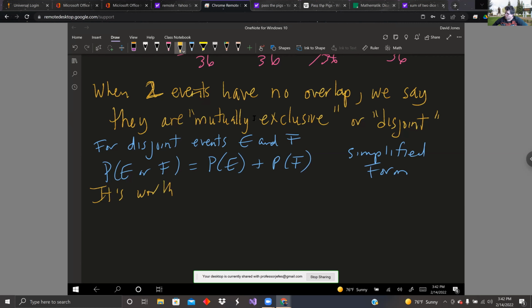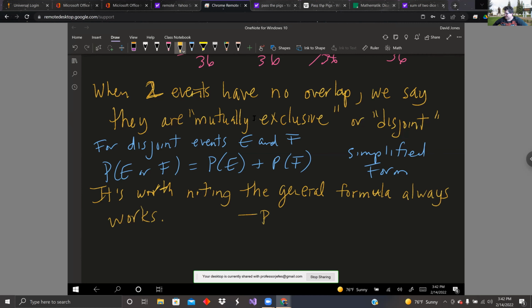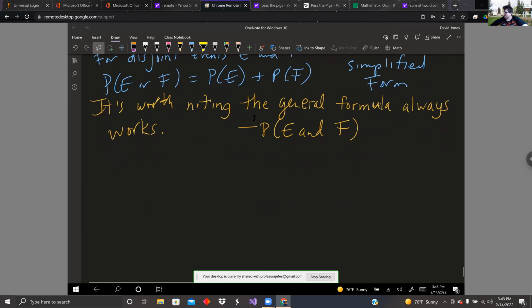It's worth noting the general one always works. And that's the one with minus the probability of E and F. The final topic is complements.